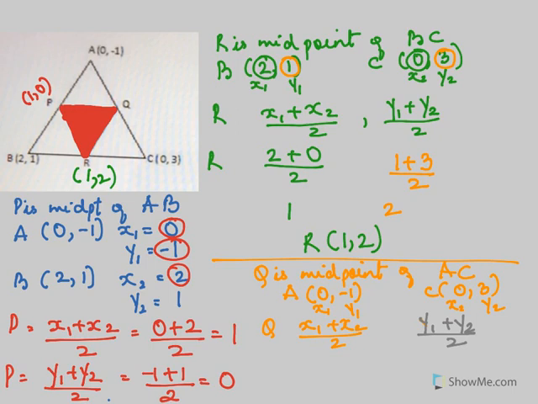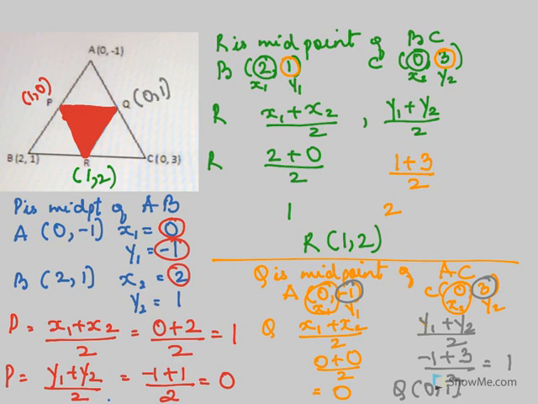So that becomes 0 plus 0 divided by 2, so one coordinate is 0, and y1 is minus 1 and y2 is 3, so minus 1 plus 3 divided by 2 and that becomes 1. So coordinates of Q are (0, 1). So we know all the three coordinates of the red triangle.